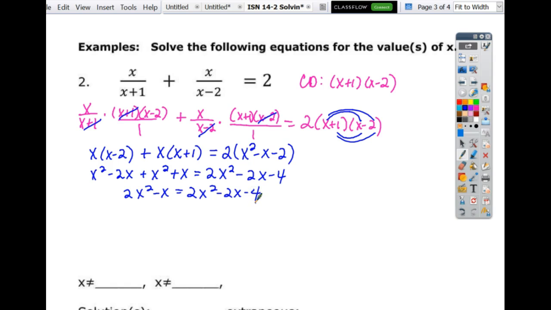And what's going to happen to the 2x squareds? So when I cancel them, I'm left with, so I'm going to add the 2x. So I get x is negative 4.